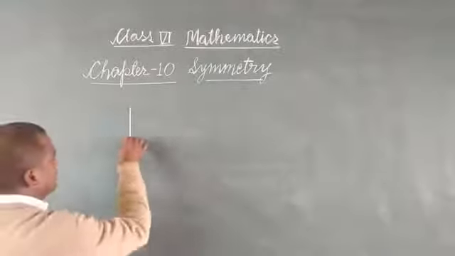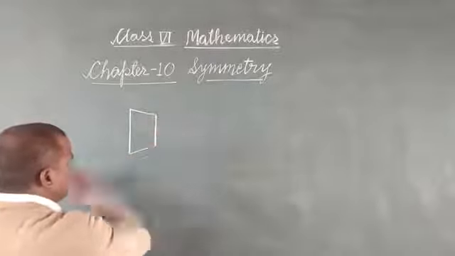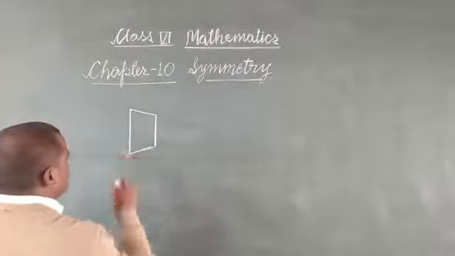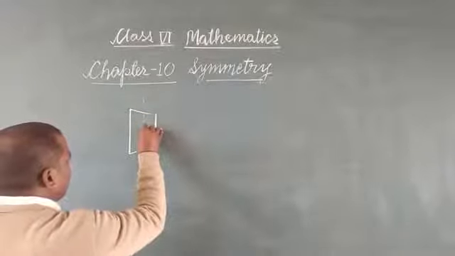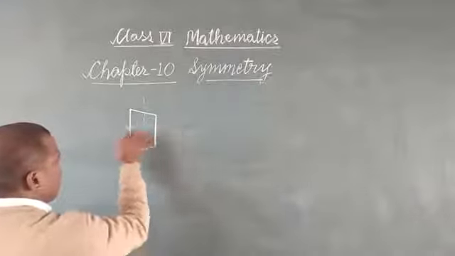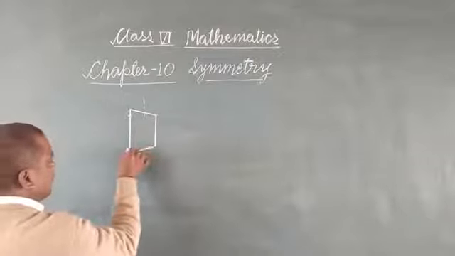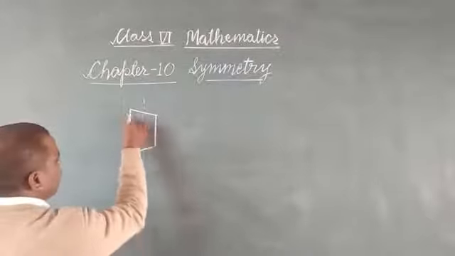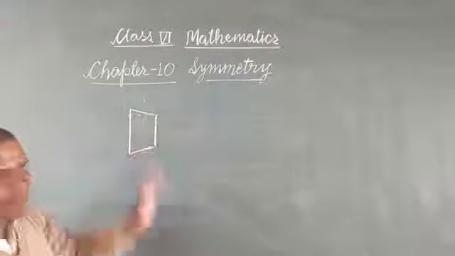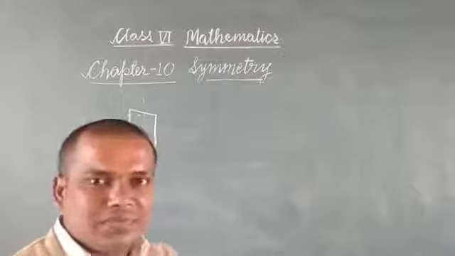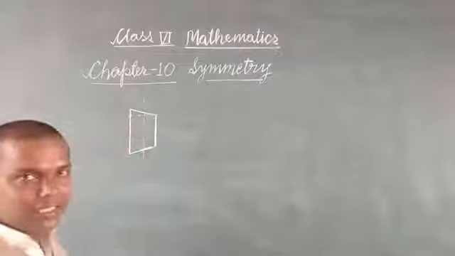Suppose we are having this figure. We are going to draw a line of symmetry along this side. If you fold, this part will come here and this part will come here. So if we divide by this line, are this part and this part exactly the same? Not the same. So here is no line of symmetry.